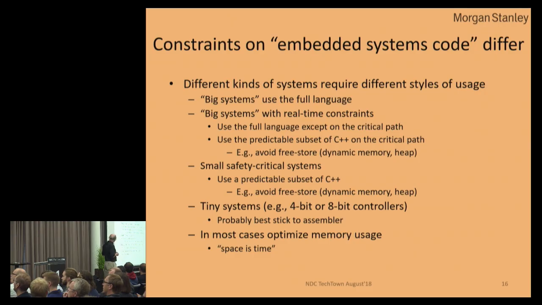That's fine. On the other hand, you mustn't be caught in the situation of putting the constraints of the hardest thing we do into everything we do. Because the critical path tends to be maybe 1%, 5%, 10% of the code, and we could destroy our productivity for the rest of the code.